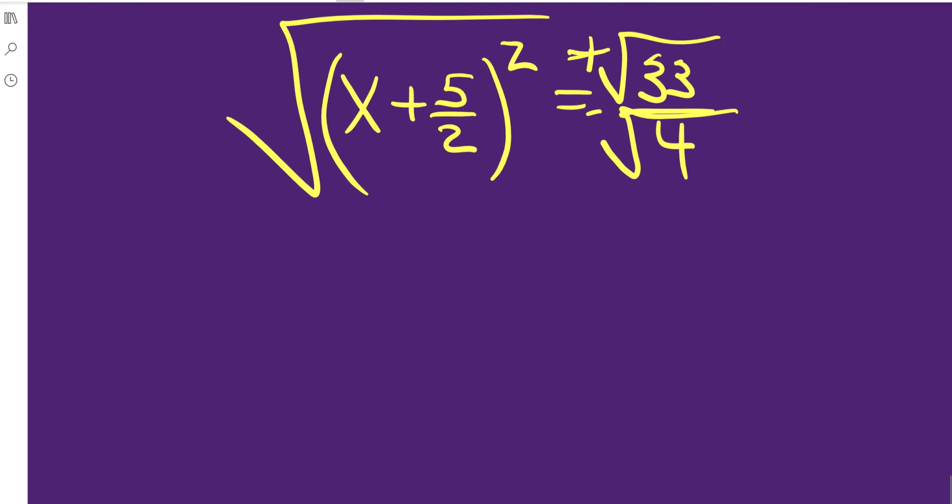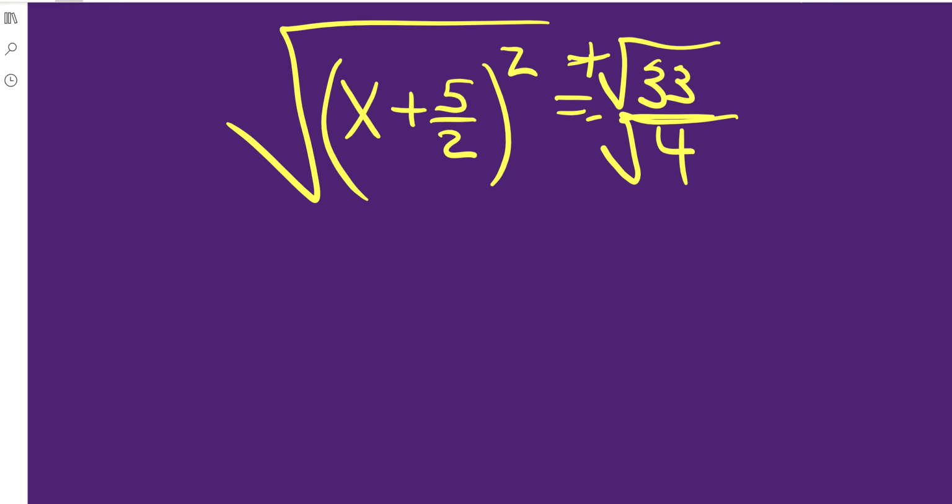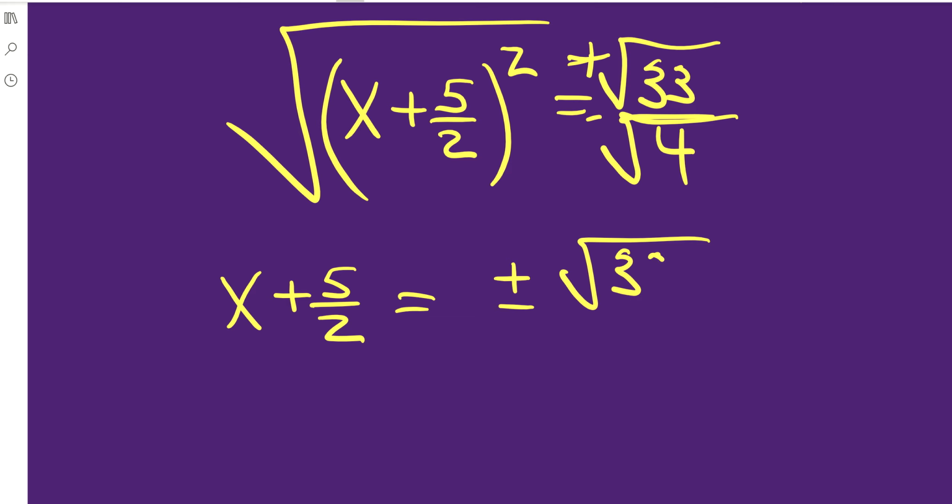All right, so what have I got? The left side is just going to be x plus 5 over 2. And that's going to equal plus or minus the square root of 33 over the square root of 4, which is 2.